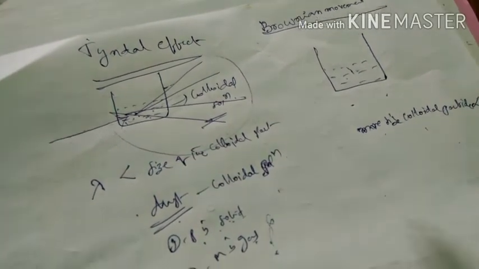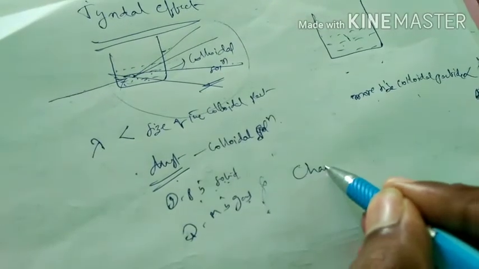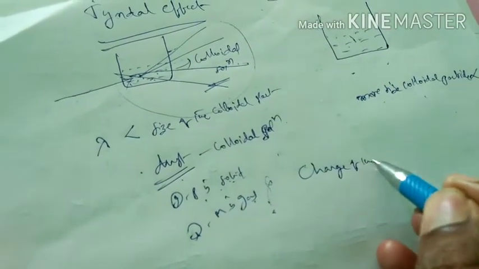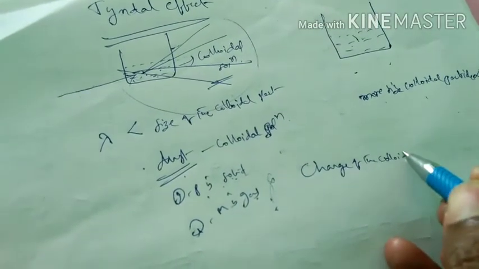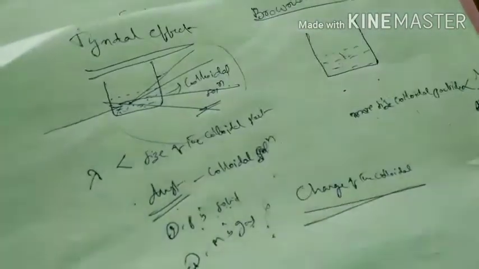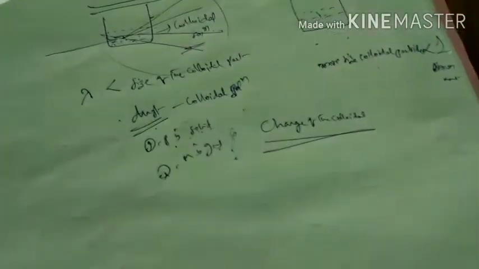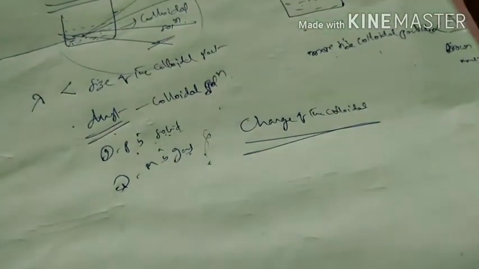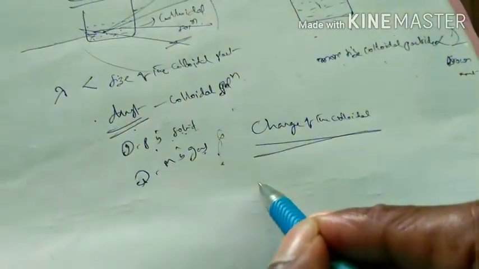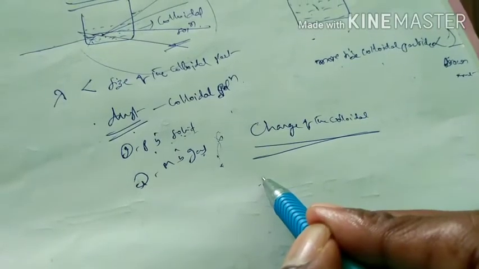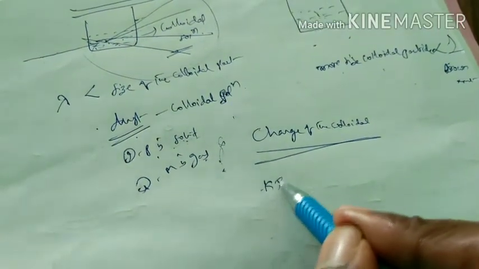The next important topic is the charge of the colloidal particles. This is also an important topic, and it is the last topic in this chapter. Suppose I take two substances.